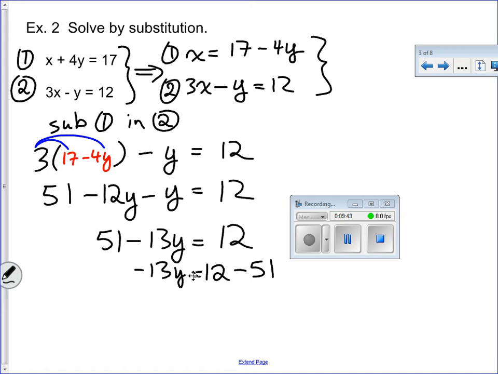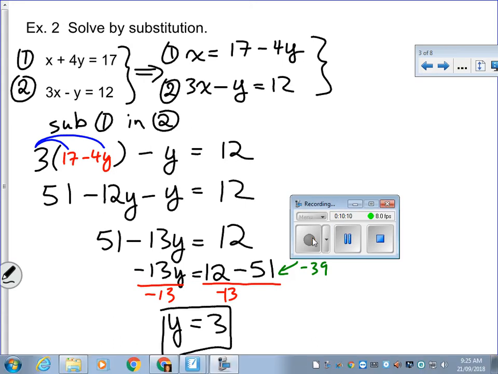So getting rid of the 13, we divide by negative 13. And this is eventually going to be negative 13. This part here totals to be negative 39. So our final answer should be y is equal to 3.